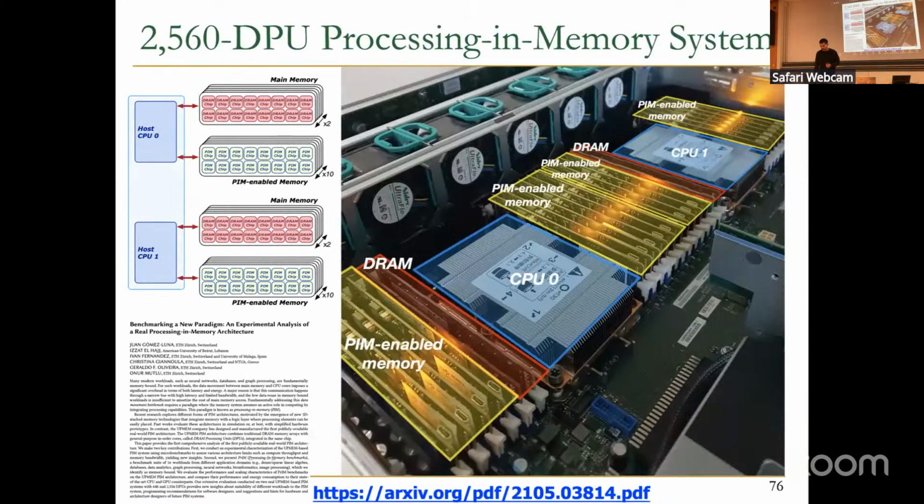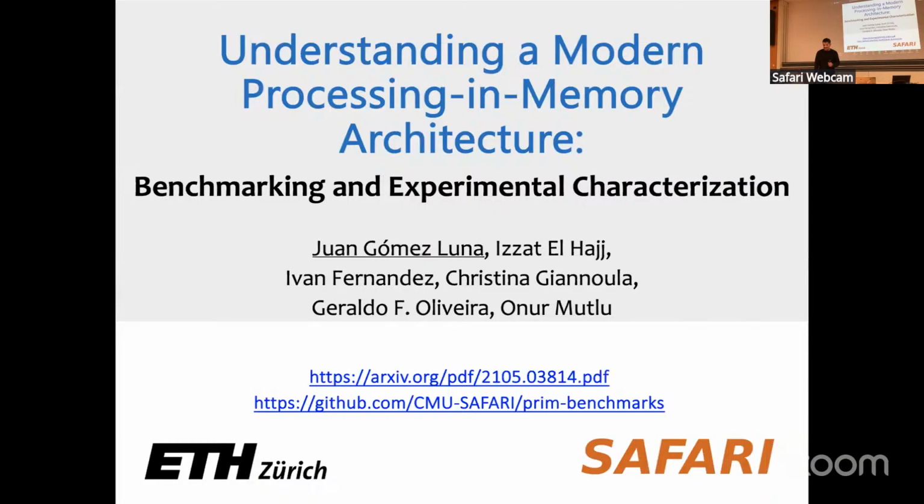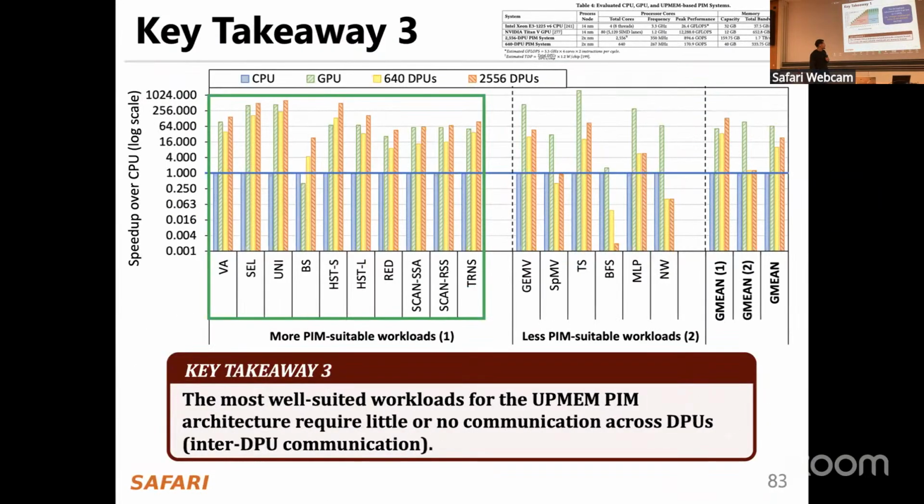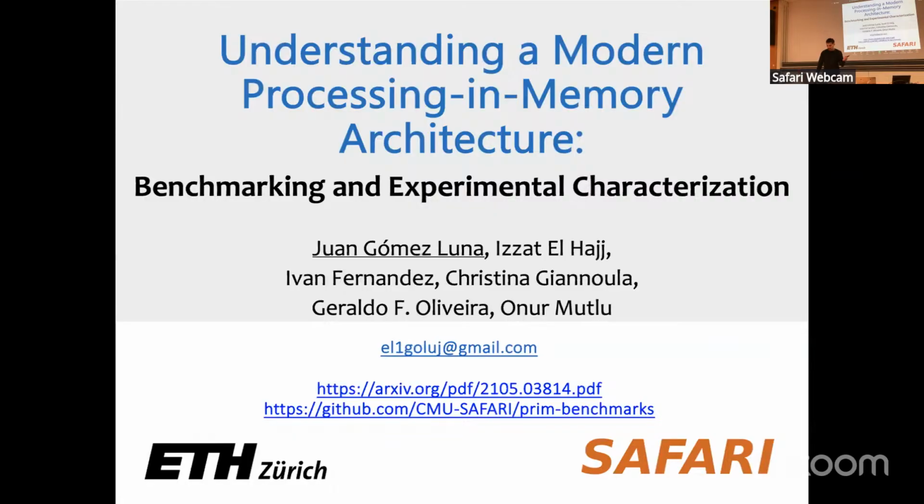So this is how the system looks like. We did some extensive analysis and benchmarking where we ported 16 different applications that we thought might benefit from this type of system, and then we compared these applications to the regular processor-centric architectures, like CPUs and GPUs. This allowed us to reveal some limitations of that architecture itself, in this benchmark suite called PrIM.